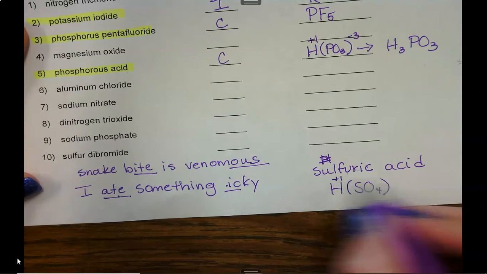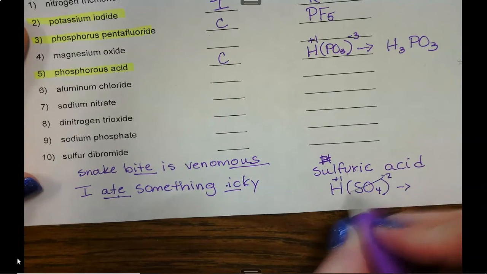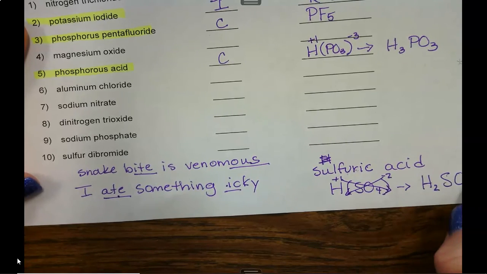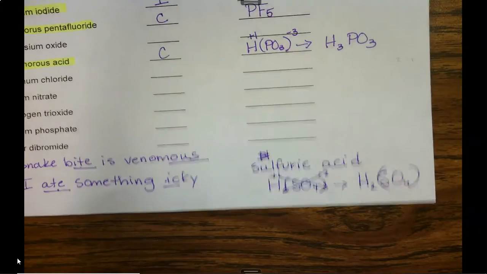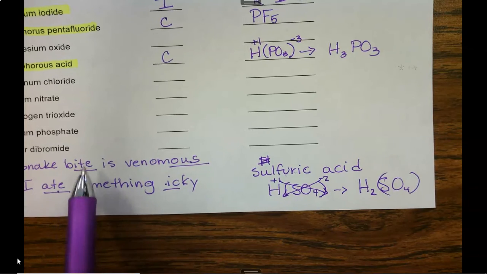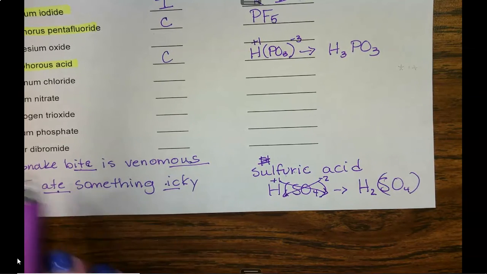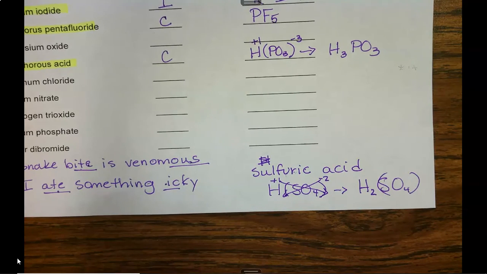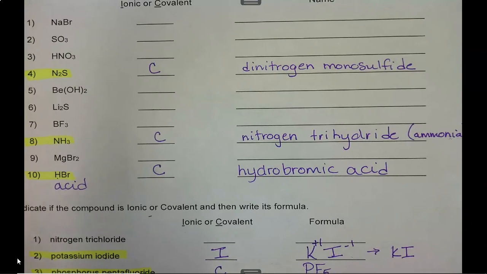Then check oxidation numbers, crisscross, H2SO4 would be that acid. Okay, so you can remember ITEs turn into OUS by remembering a snake bite is venomous. I ate something icky. ATEs turn into IC. Okay, lots of stuff today. Good luck.